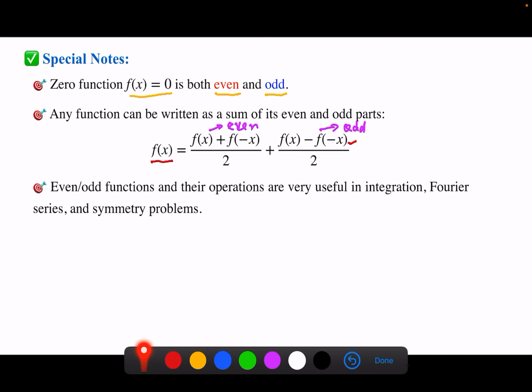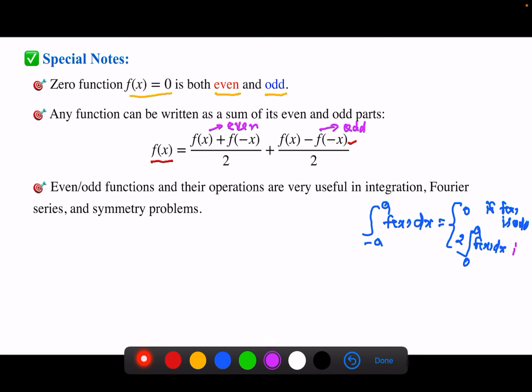In case of integration, when we integrate a function over the symmetric interval minus a to a, the integral value will be 0 if the function is odd, and the integral value will be twice the integration from 0 to a if the function is even.